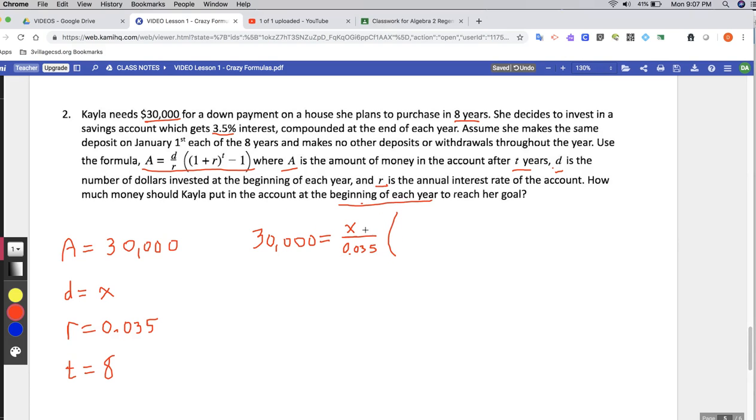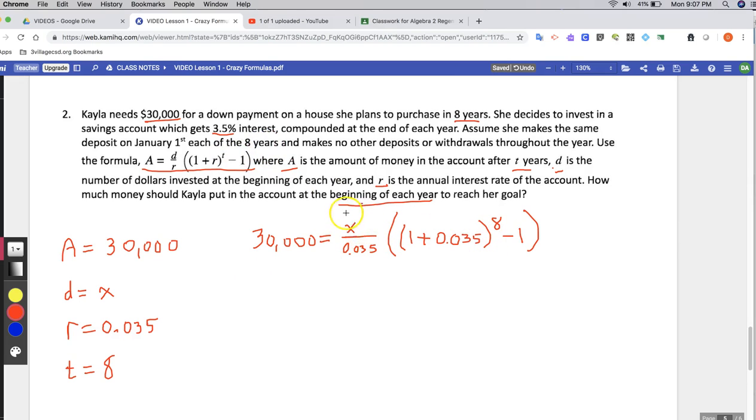And then that's times a big parentheses with another parentheses of 1 plus our R value again of 0.035. That parentheses needs to be raised to the value of T, which is 8. And then we're supposed to subtract 1 from all of that.